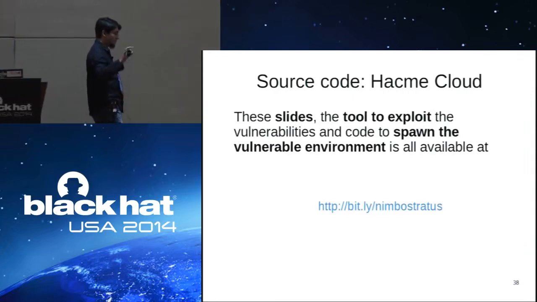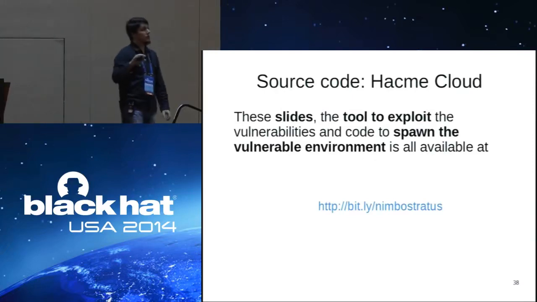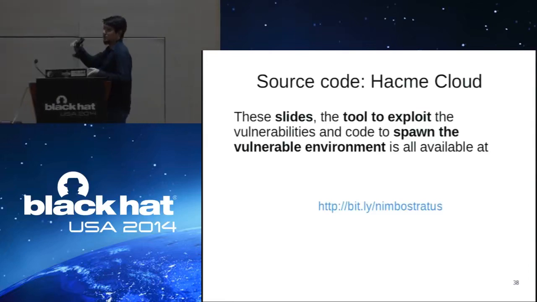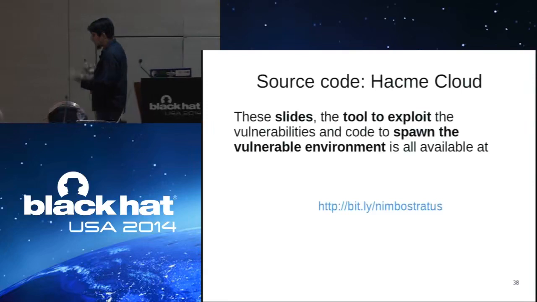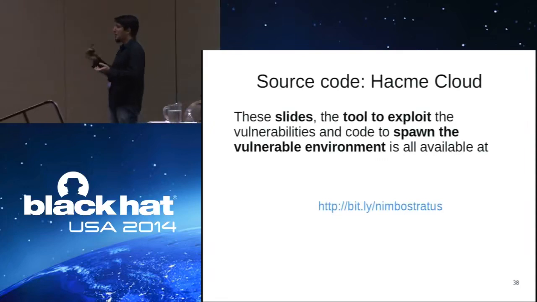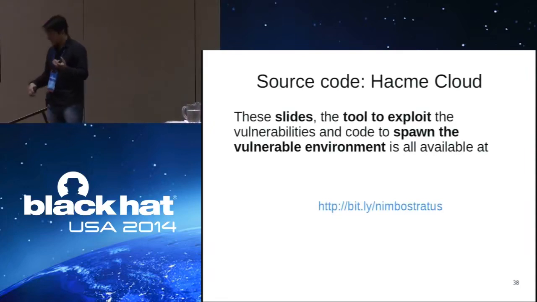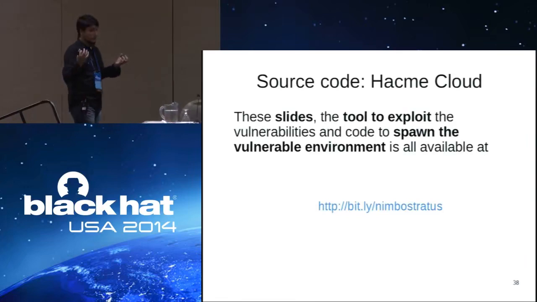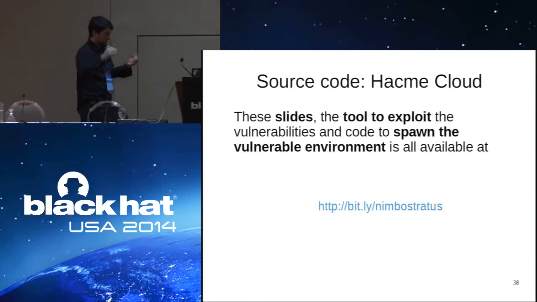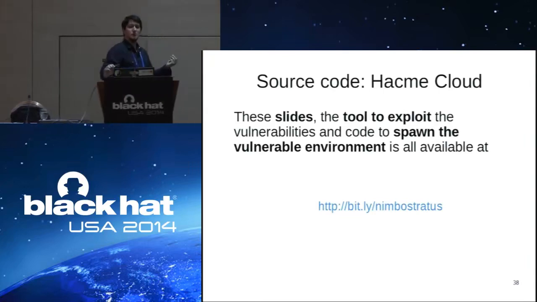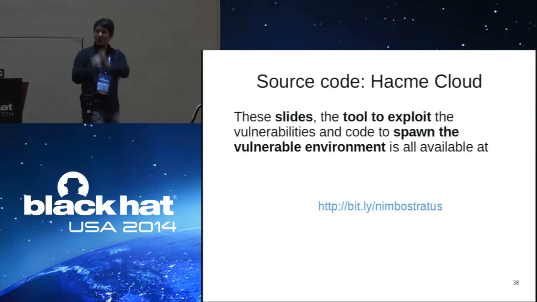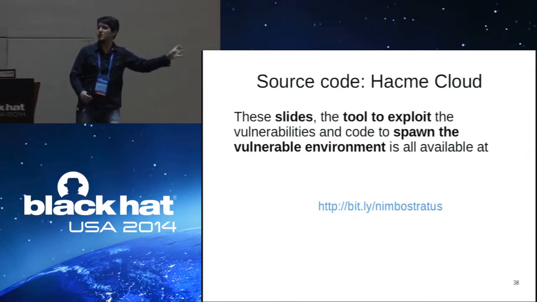The second tool that I wrote is kind of a Hack Me Cloud. It's Nimbus Stratus Target. Because I know that not many of you have the time to set up an environment to play with Nimbus Stratus, I wrote a script which, if you just provide your Amazon credentials for the free tier and run that script, is going to create, in your Amazon cloud, exactly the same environment that we saw during the presentation.